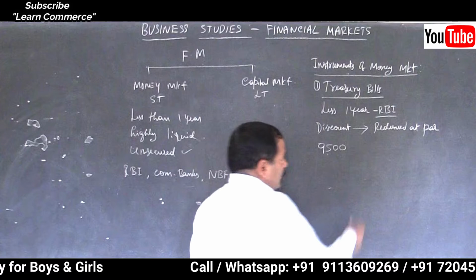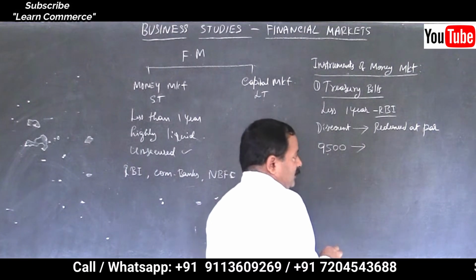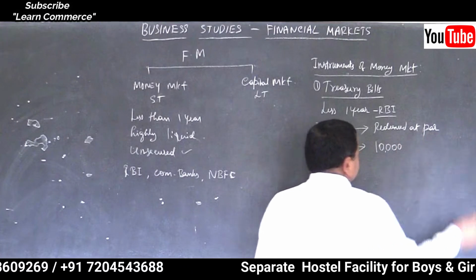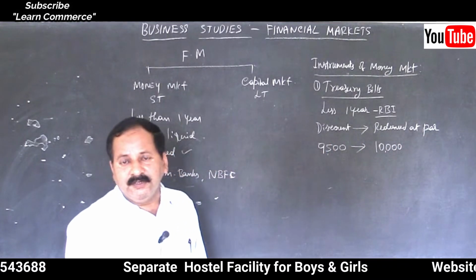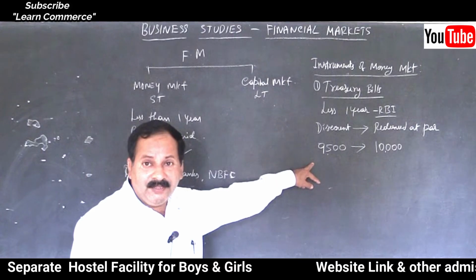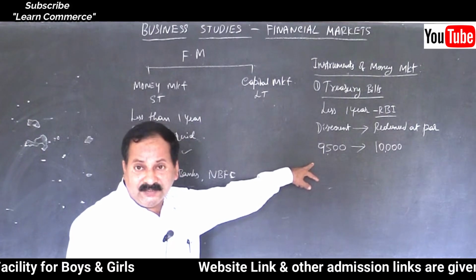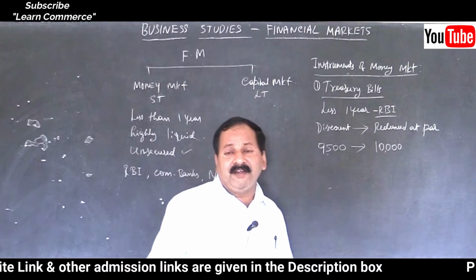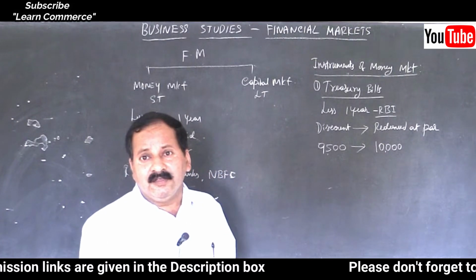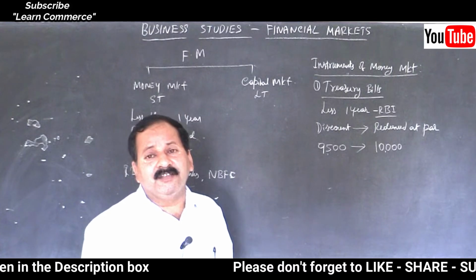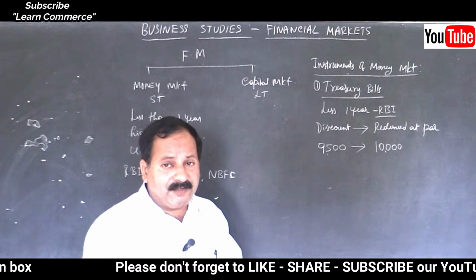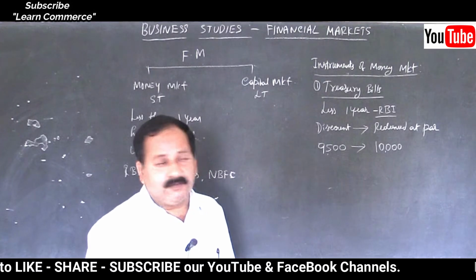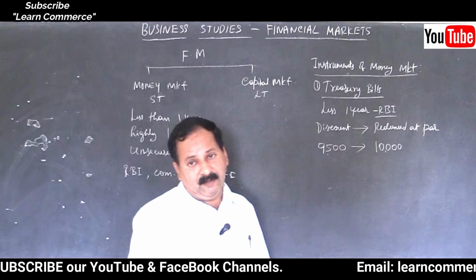And while redeeming after 1 year or after that term, the RBI will pay rupees 10,000 to the holder. Don't you think there is a profit to the holder? There is a return to the investor? Yes, there is. Because the investment is 9,500 and while encashing, the investor will get 10,000. So there is a difference of rupees 500. That is the profit for the investor. So this is called a treasury bill.